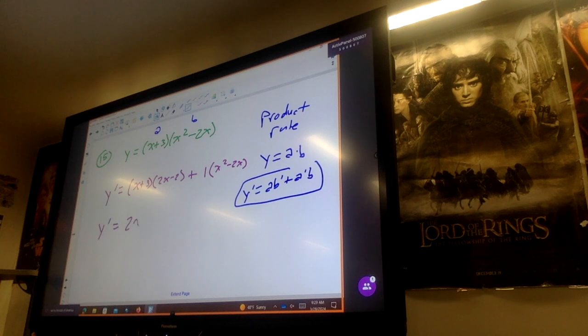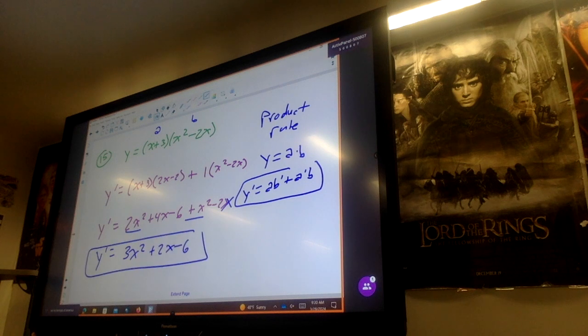That's going to be 2x squared plus 6x plus 4x minus 6 plus x squared minus 2x. And then combine our like terms. So this and this give me 3x squared, plus 2x minus 6. That's the derivative. So that's the product rule, when you're multiplying two things together. If you did FOIL them together, you'd get the same answer as if you directly did it.